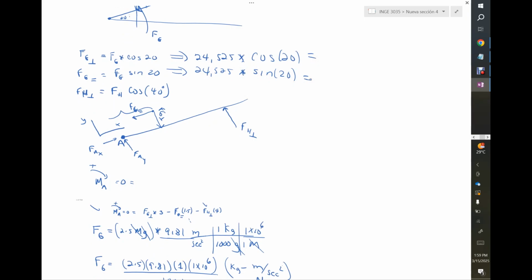This is about 23,045.046 if I round it up. That would do. How about the other one? The other one is 24,525 times the sine of 20.